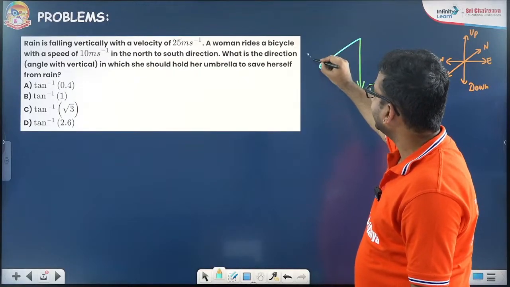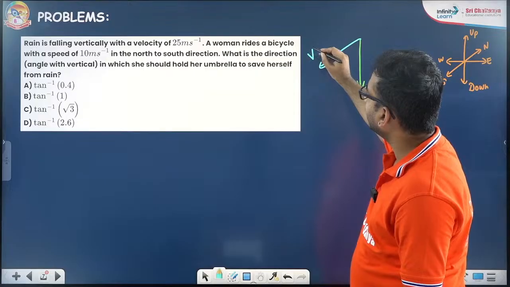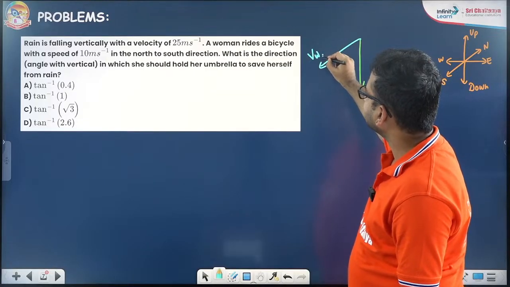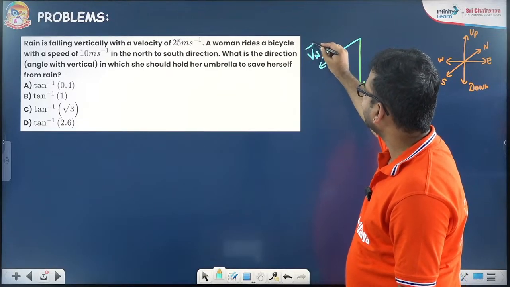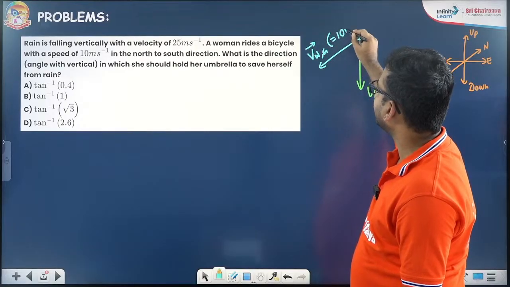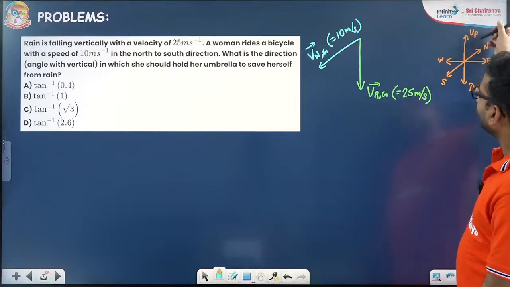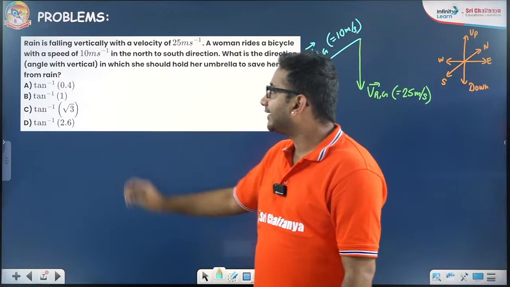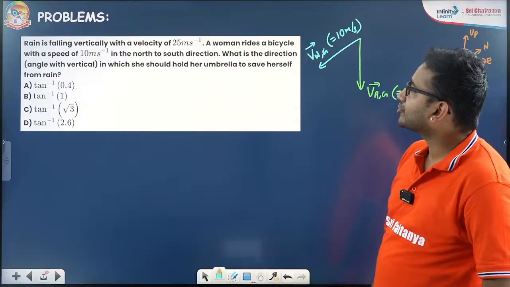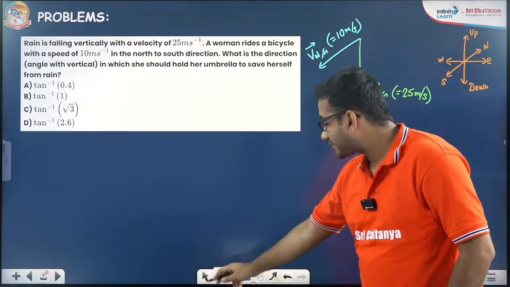So this is velocity of woman with respect to ground, and that is 10 meter per second in the north to south direction. See what is the direction angle with the vertical in which she should hold the umbrella to save herself from rain.